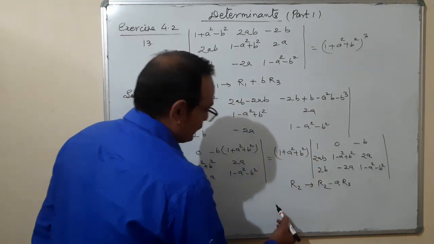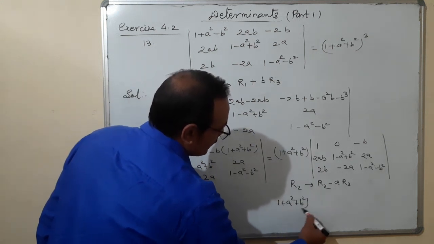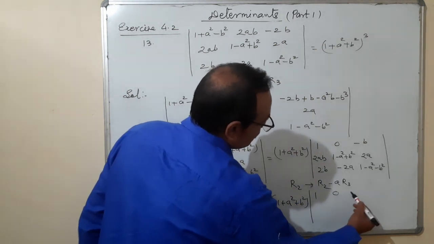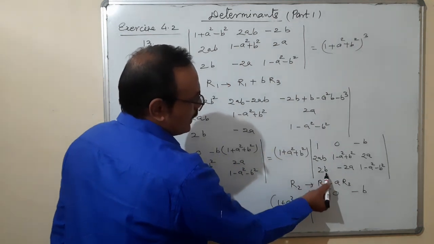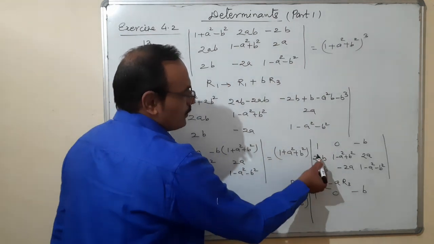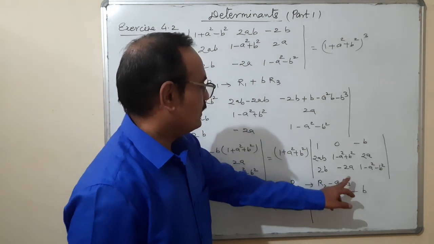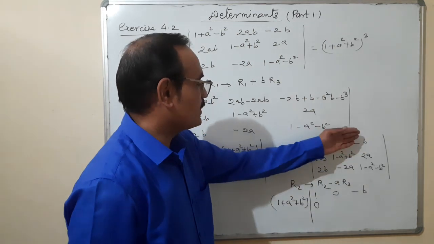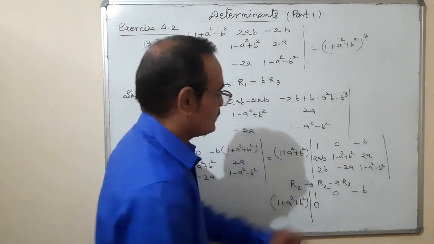Okay. Then what are we getting? We are getting 1 plus a square plus b square, 1, 0, minus b as it is. Here multiplied by a, 2ab minus 2ab is 0. Here multiplied by a, it becomes 2a square, and when we subtract, it becomes plus 2a square. 1 minus a square plus 2a square.